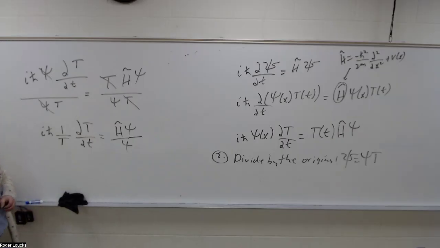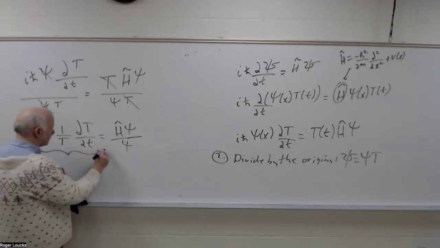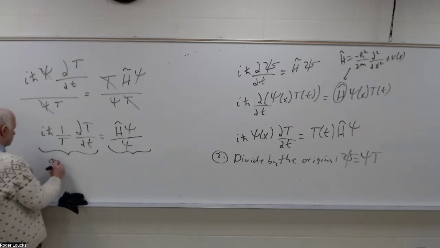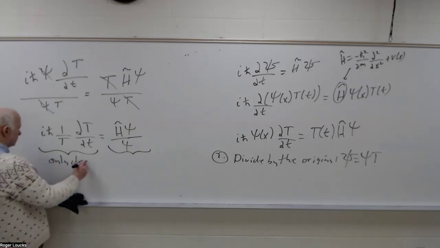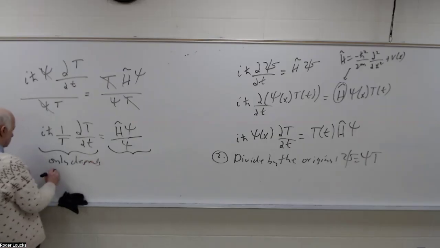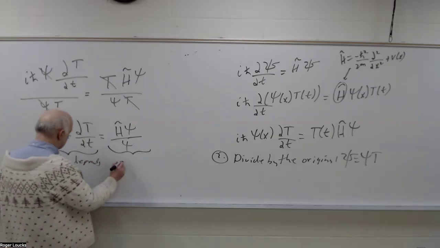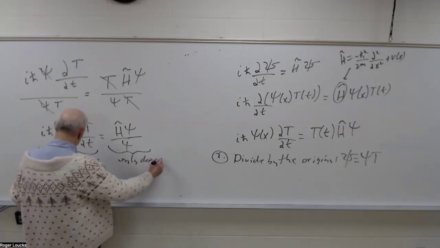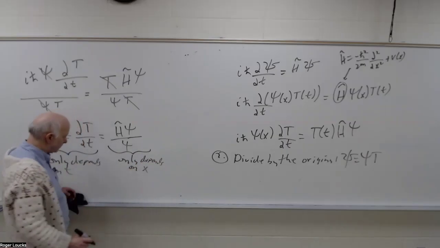Okay. Now, what do you know about this side here? And what do you know about this side here? This side here only depends on time. This side here only depends on x.